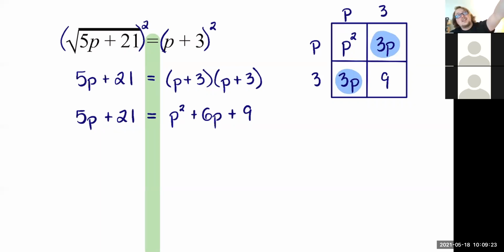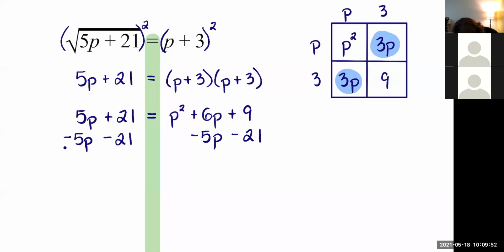Well, technically on its own side, it is first. So it is in descending order. It's just on the other side of the equation this time, which is okay. Harmony, you said subtract the 21 from the 9. What else could you move? The 5p. So subtract the 5p from the 6p.